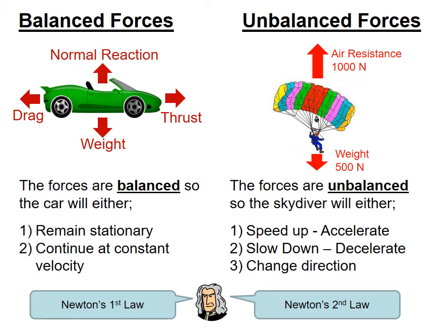There are 3 possibilities here. Either the parachutist will speed up, which is called acceleration, or the skydiver will slow down, which is deceleration, or it will change direction. Three possibilities, and we call this Newton's second law.